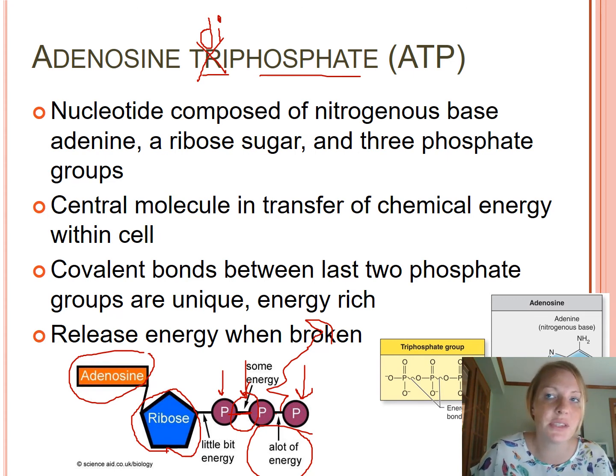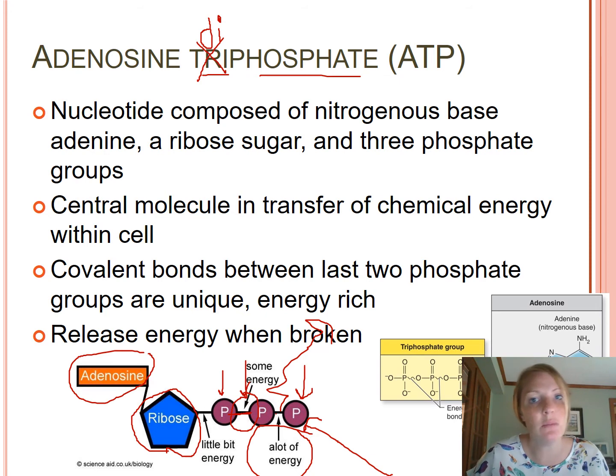You could still use it to break that other phosphate bond and get some energy, but it's definitely not as good as the triphosphate. So ADP usually then goes somewhere and gets another phosphate attached to it, and then it can be ATP again. So that's the conversion of ATP to ADP, and that's how we generate or store energy. It's really that third phosphate bond that has so much energy in it.